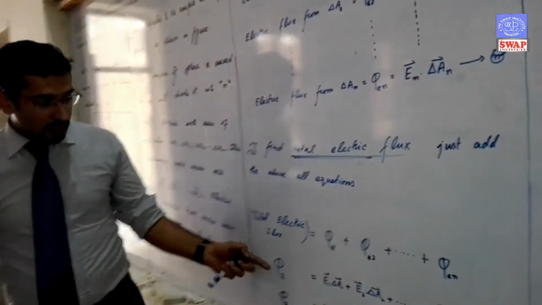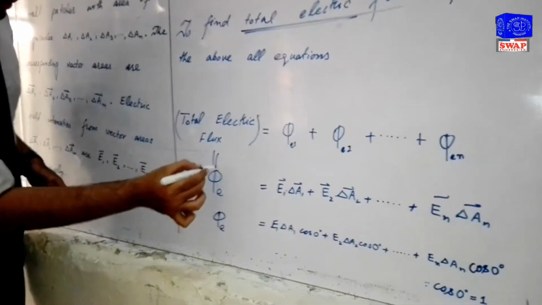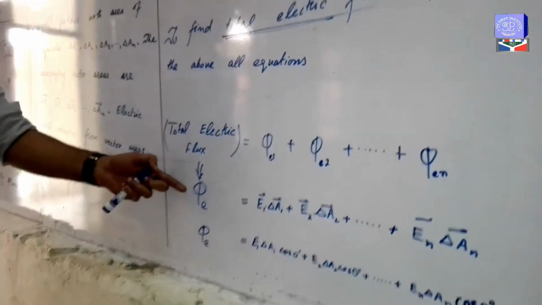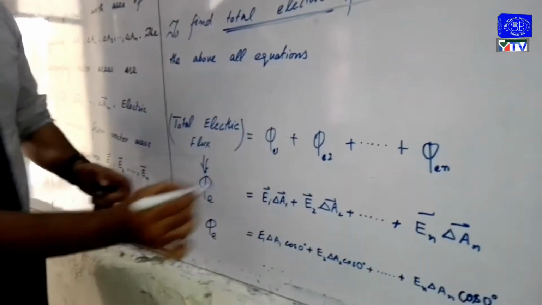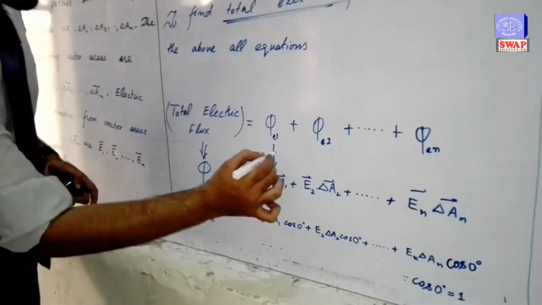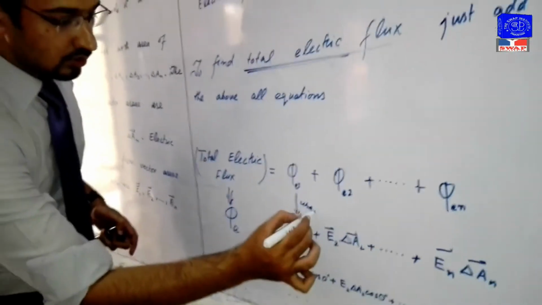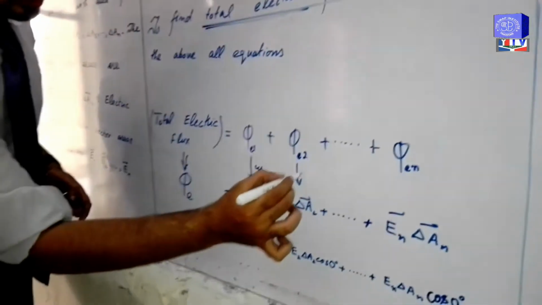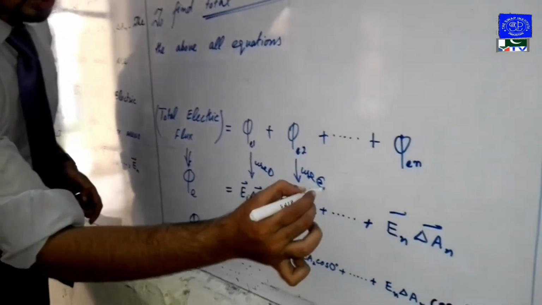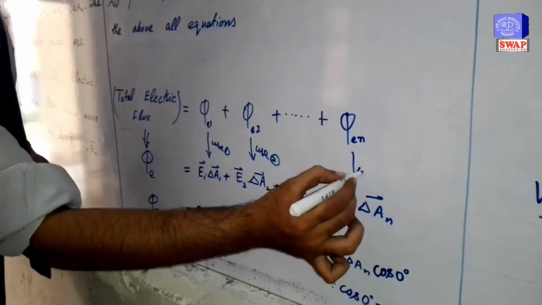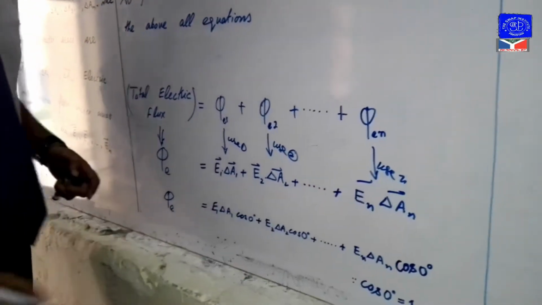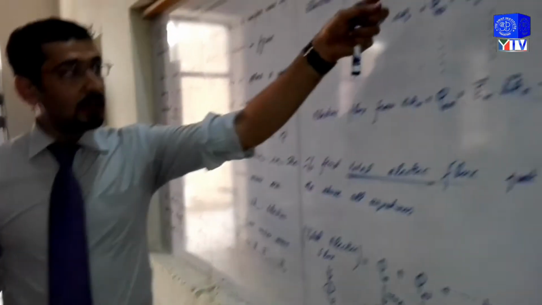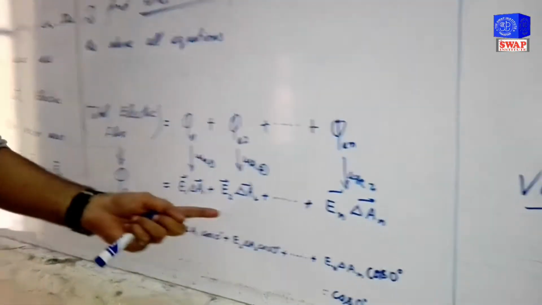Okay, so this one is the total electric flux, and just putting the values from equation 1, 2, up to n, we will get these results.